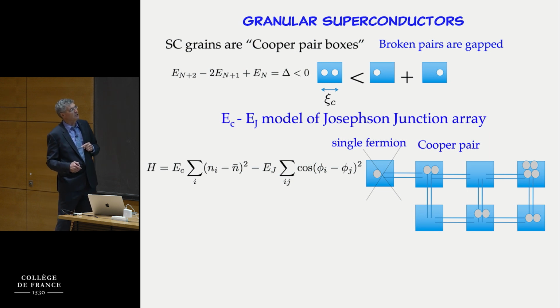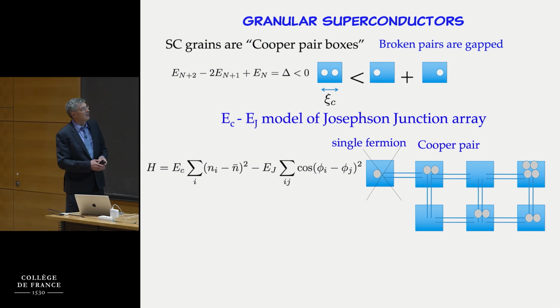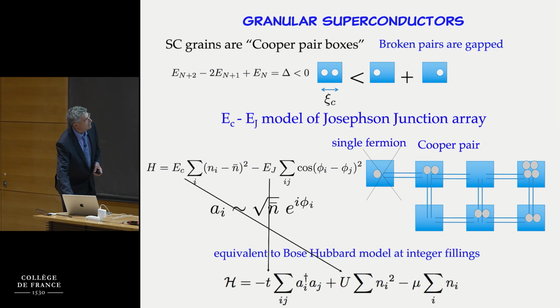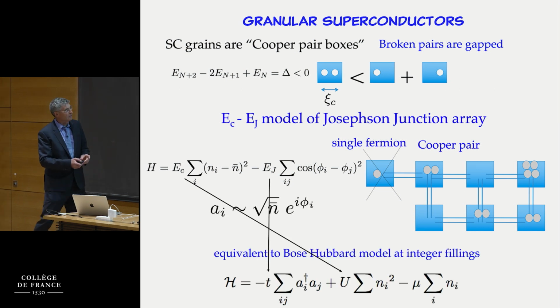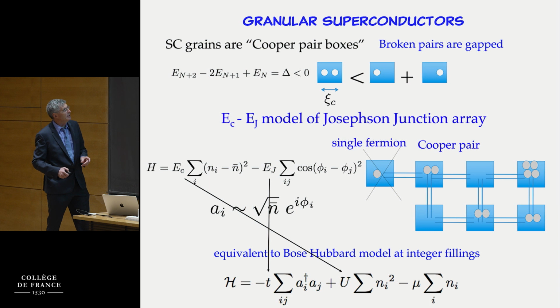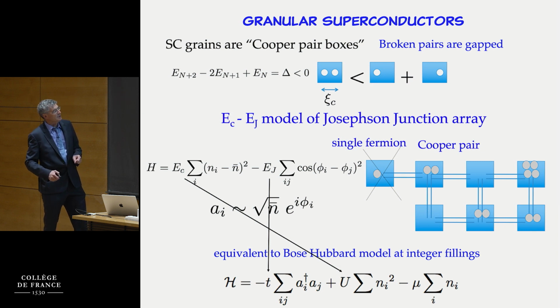So you have a competition between superconductivity and just insulating behavior where the Cooper pairs are localized and not hopping around anymore. So again, this model is equivalent to the Bose-Hubbard model here. So the U here is equivalent to E_C, and the T, the hopping of the bosons, is equivalent to the Josephson coupling.